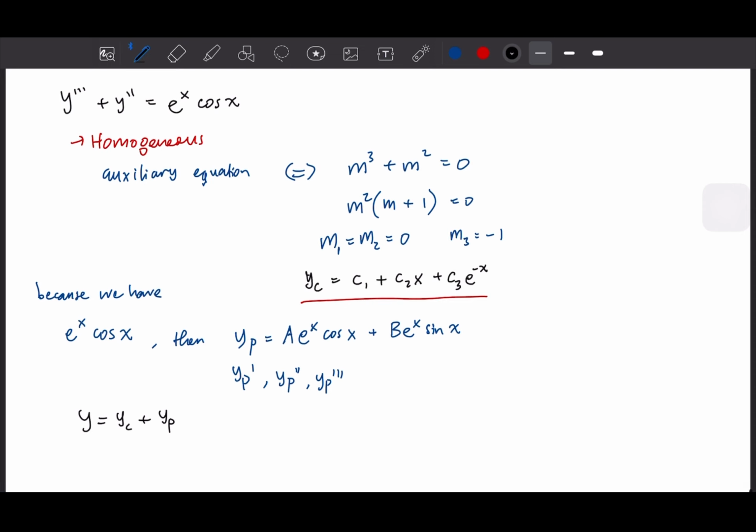Okay, so the next method, we call it the variation of parameters.